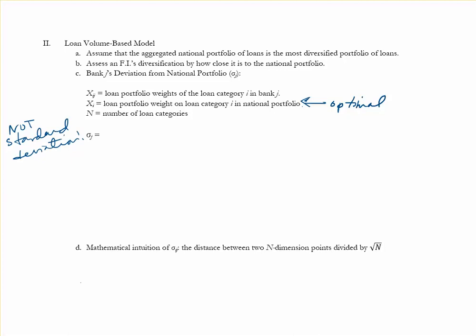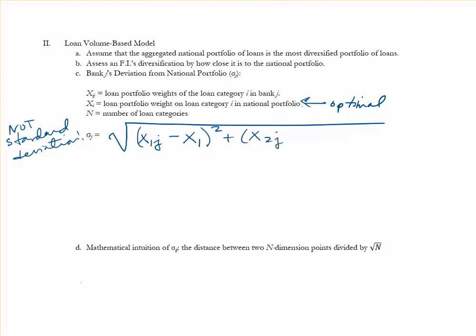Now, the formula is, we're going to take the portfolio weight for Bank J in loan category 1, subtract it from the portfolio weight of the national aggregate weight, and square it, and do the same for loan 2, right up to the very last loan category that I'll call N.